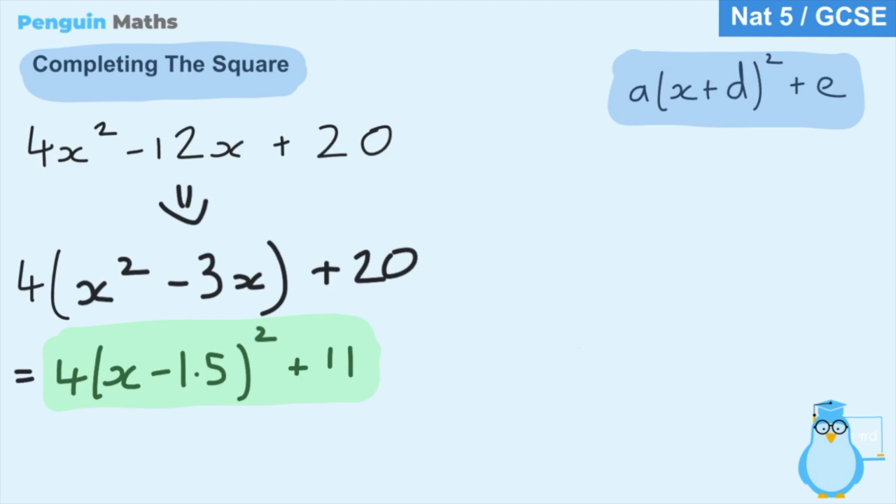Just one last thing I want to touch on before we finish on this lesson is why we would ever want to have a quadratic expression in this form in the first place. Well, basically, for those quadratic expressions which we cannot factorise, if we complete the square, then that will allow us to solve a quadratic equation.